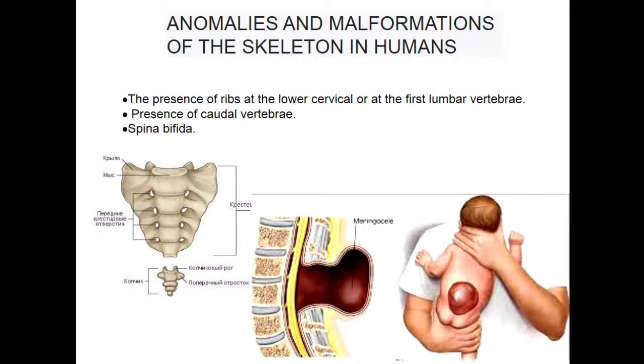And here in this slide you can see anomalies and malformations of the skeleton in humans. Here is the presence of ribs at the lower cervical or at the first lumbar vertebra, presence of caudal vertebra and spina bifida.